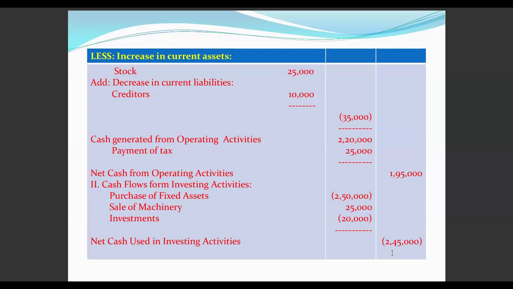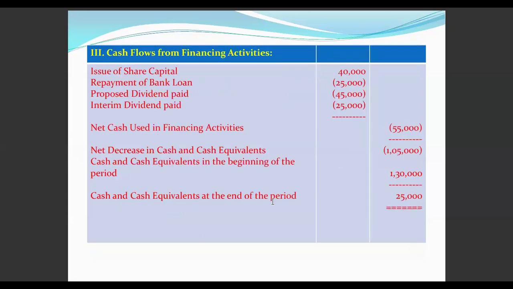So cumulatively, the cash from investment activities is 2 lakh 45,000. Then we already discussed the issue of capital, so we have 55,000 as cash from financing activity.